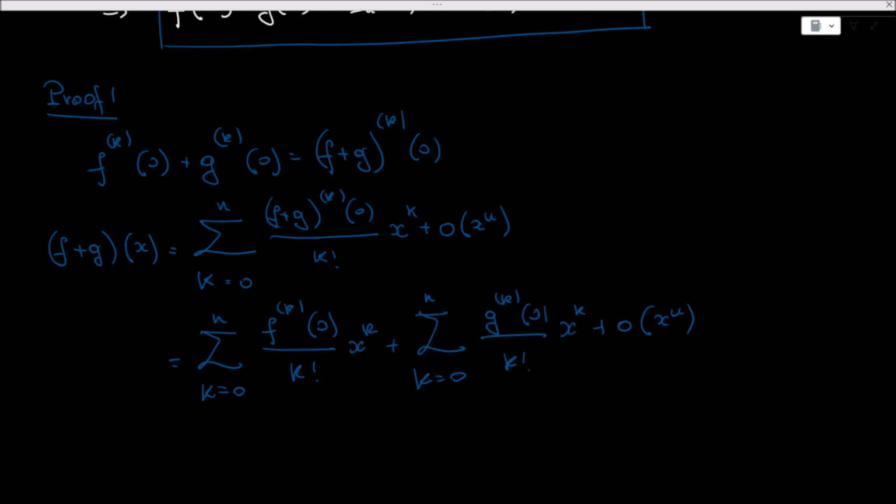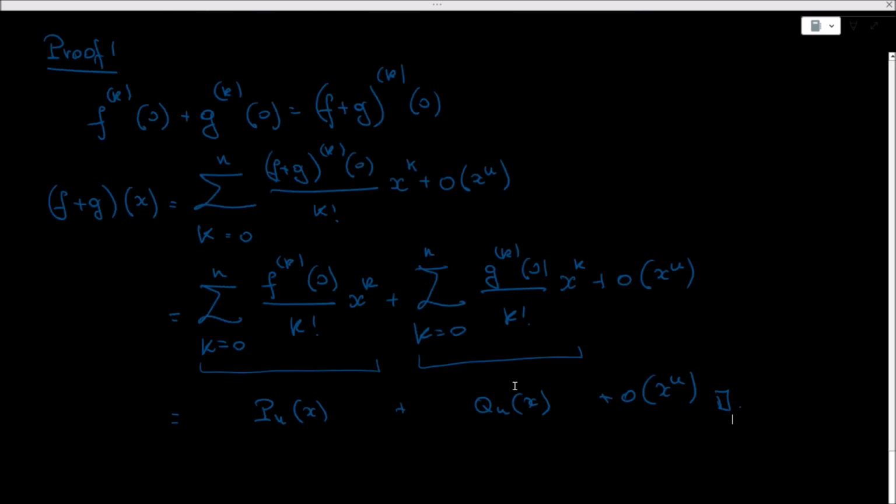Well, actually, we would have another little o of x to the n that comes from the expression for the first derivative, but this is just like saying that this is Pn of x, right? So you see that this is Pn of x plus Qn of x plus little o of x to the n. And this concludes the first proof.